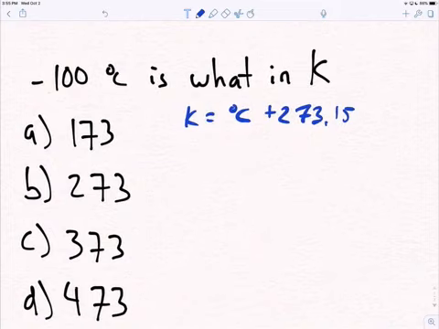I think it's D. A. Yeah, hopefully everybody sees that it's A, because you just plug into this equation: negative 100 plus 273.